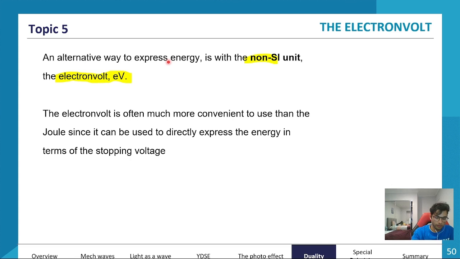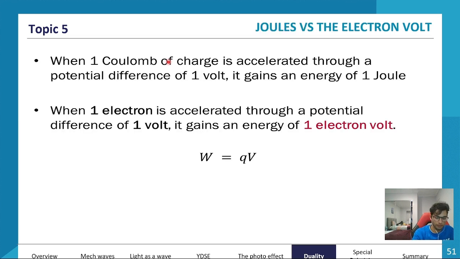The electron volt is how much energy an electron has if it's charged with 1 volt.